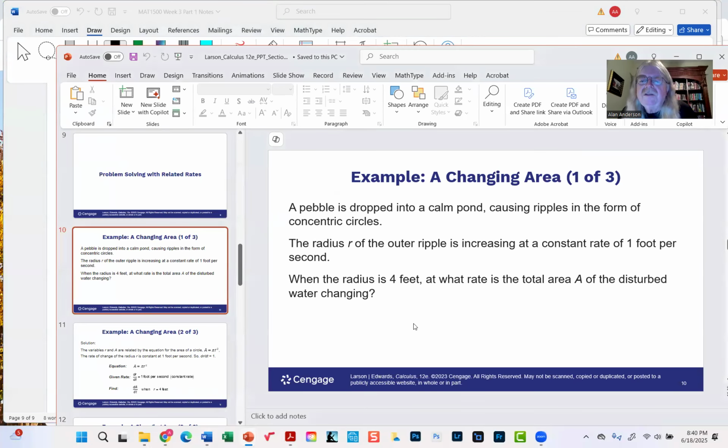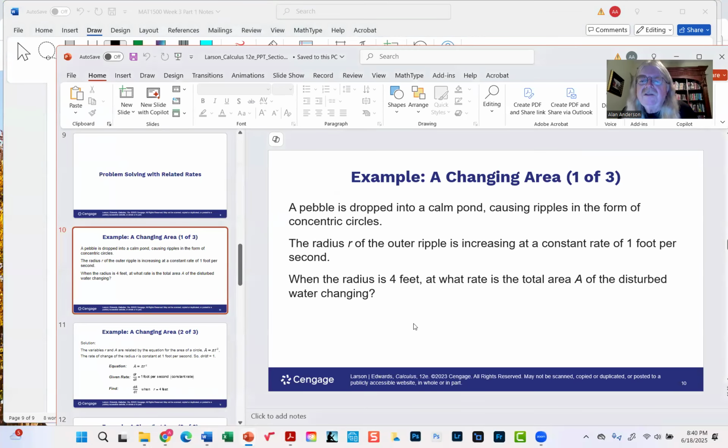We just saw that. And we want to know dA dt when r is 4.